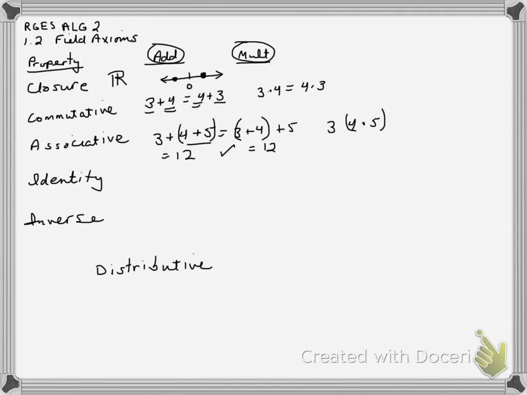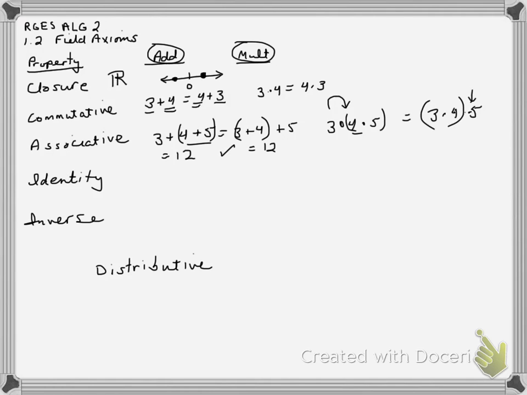Remember, if I write a number right next to a parenthesis sign, this implies the operation multiplication. Does that equal 3 times 4 times 5? Again, with the implied multiplication right there.